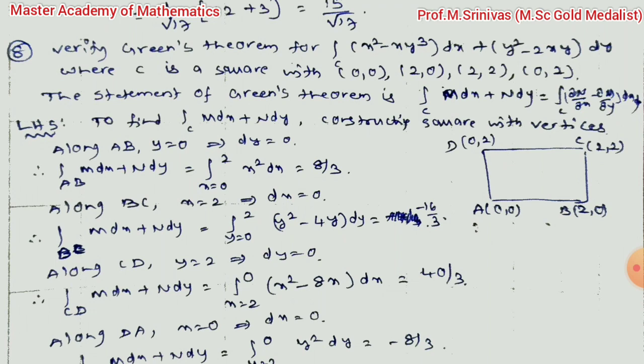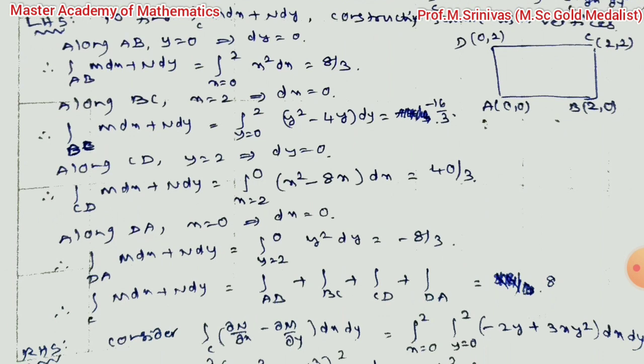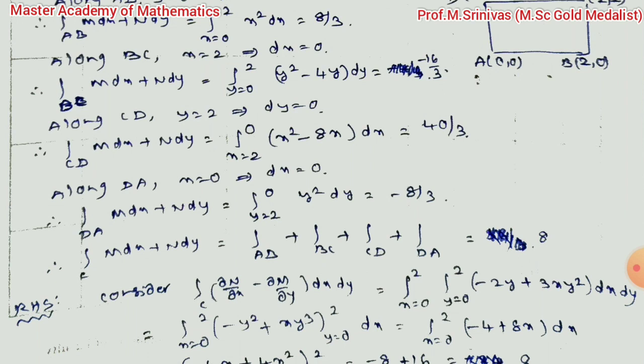Similarly along the line CD, y equals 2 is constant, dy equals 0, and the integral over CD is 40 by 3. Along the line DA, x is constant, dx equals 0, and the integral over DA is minus 8 by 3. So the overall integral is the combination of these four integrals, and the final answer is 8. This is the left hand side.